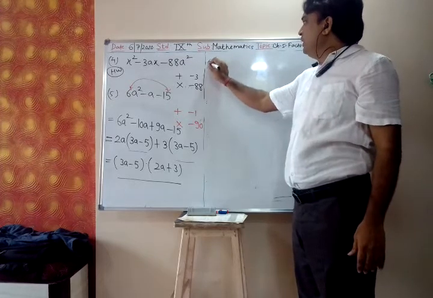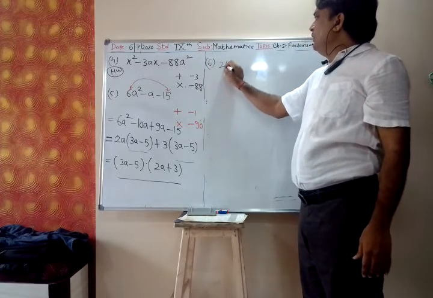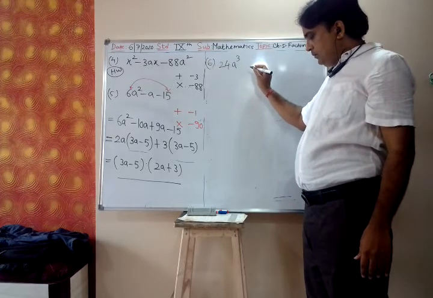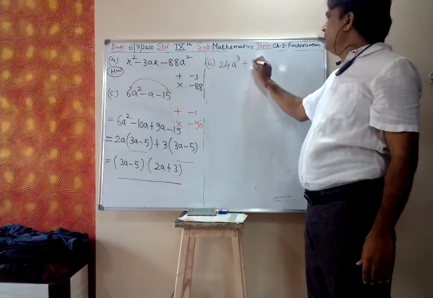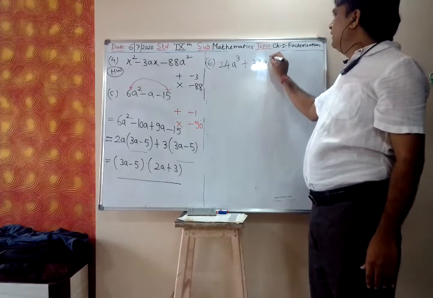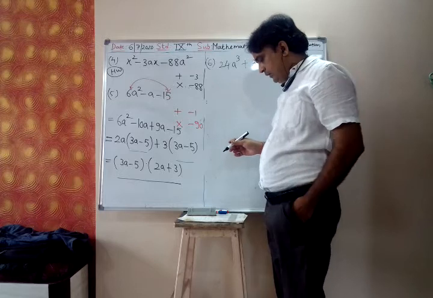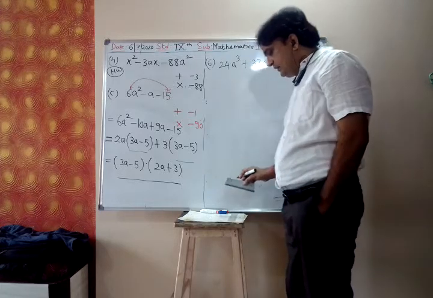24a cube plus 37a square minus 5a. Actually some mistake is there in this.